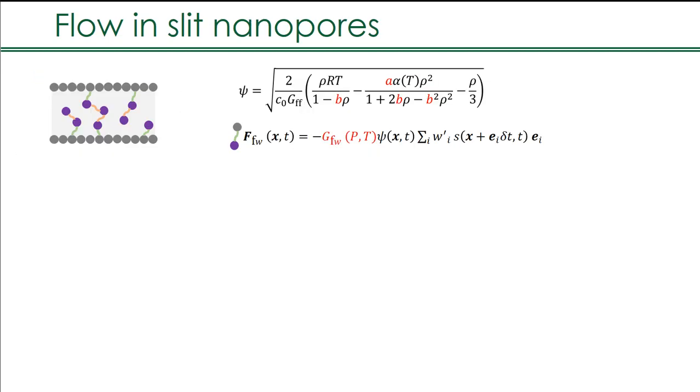And we know the values of parameters A and B in physical space. In LBM, however, flow is simulated using a different set of units, lattice units. In lattice units, in addition to A and B, we have additional parameters, G_FW and R, which also contribute to the degrees of freedom of LBM.